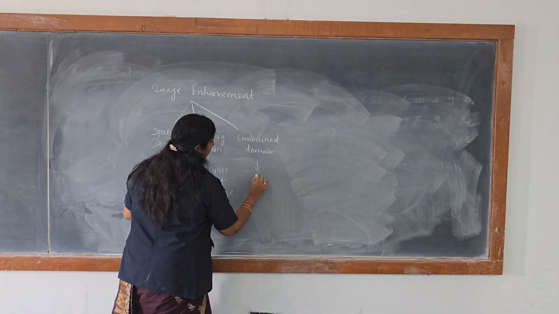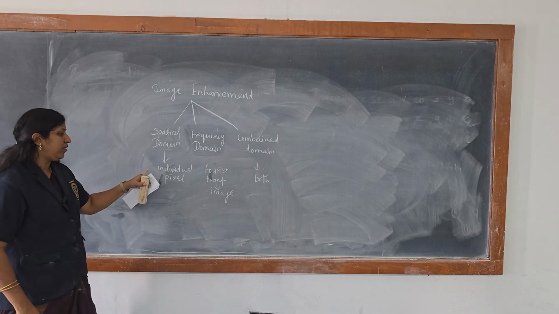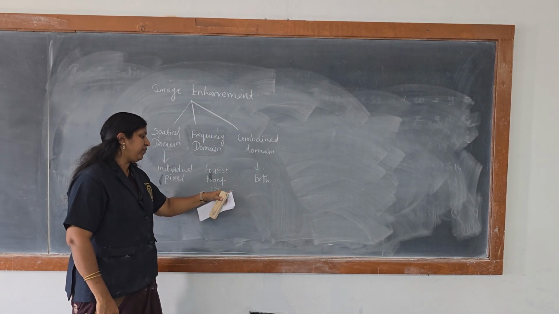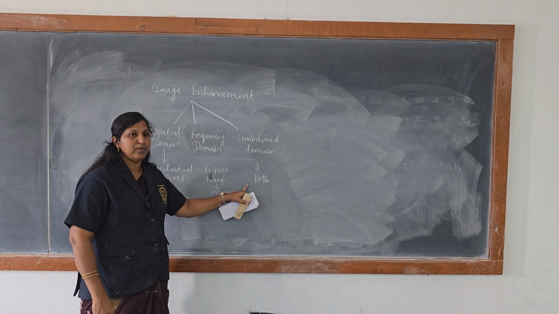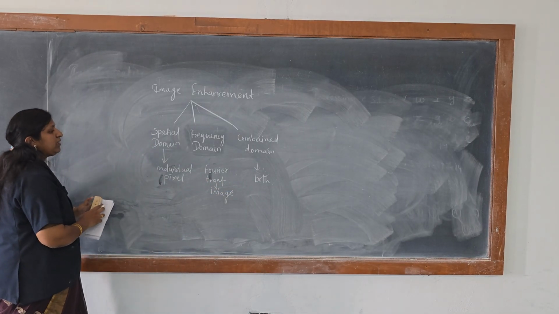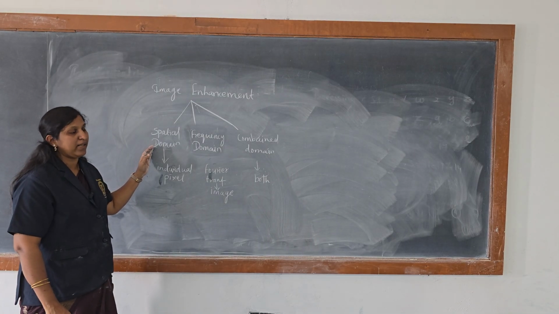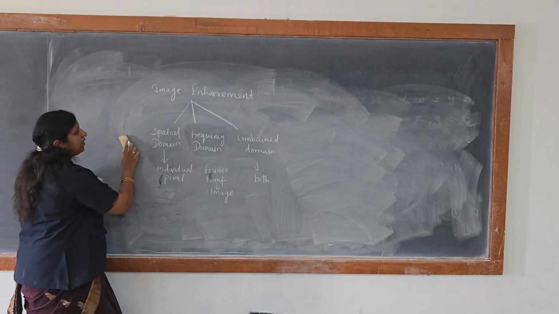And here we use both domains. That is, we will do individual pixel manipulation, as well as modify the whole image using the Fourier transformation. Okay, so under spatial domain, we have an important image enhancement technique called histogram equalization. We are going to see it now.